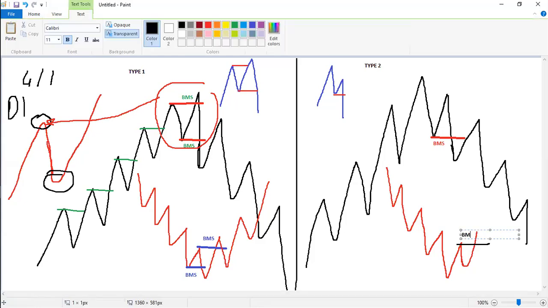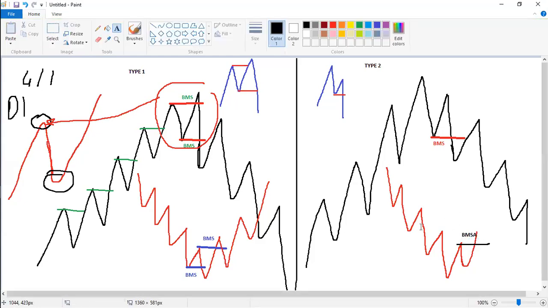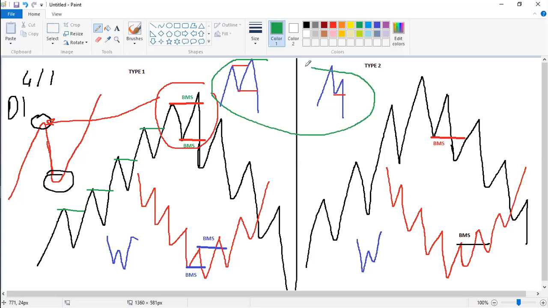That's our BMS, and then higher high, higher low. So if I draw, this one is like this and this one is like this. That's the difference between type 1 and type 2.